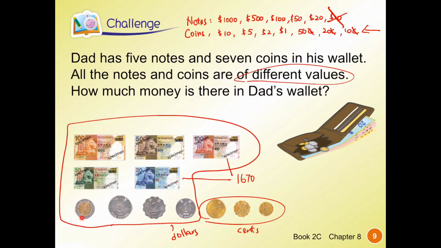We have $10, 15, 17, 18. So all this here add up to 18. So 1,670 plus 18. We have $1,688.